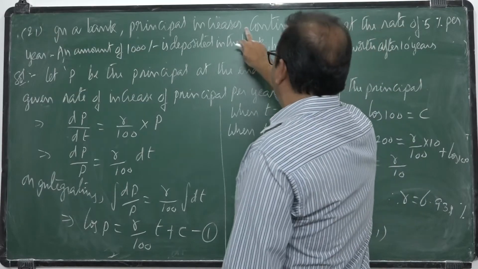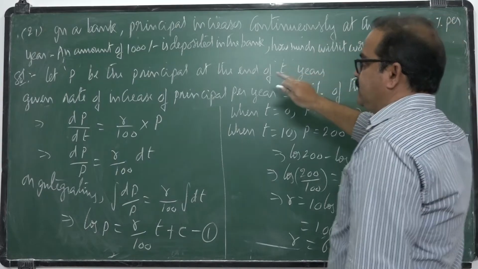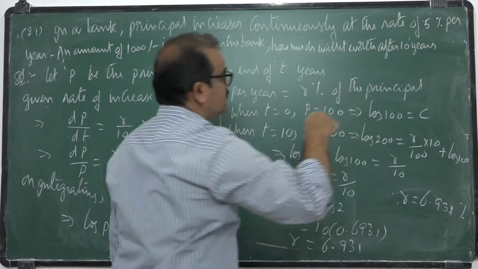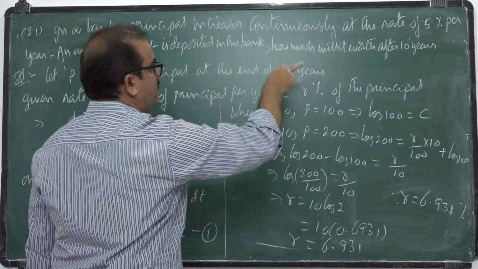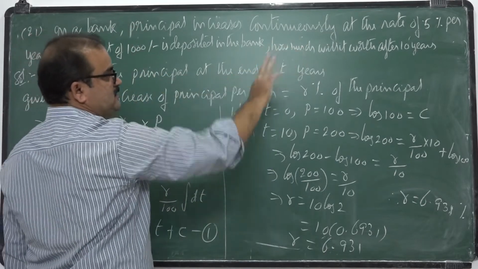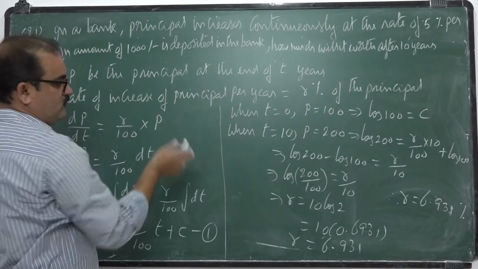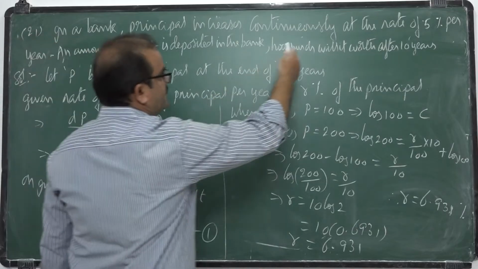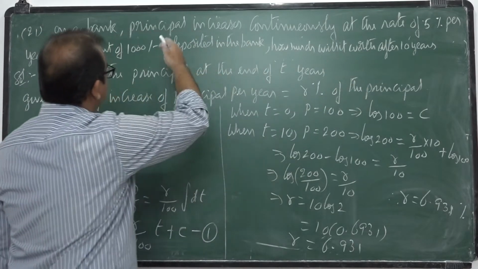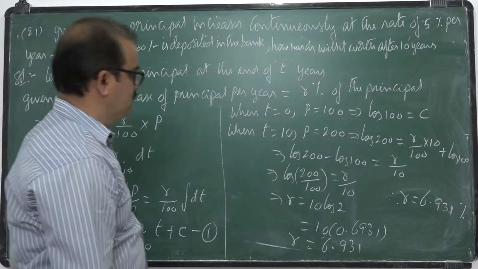In a bank, principal increases continuously at the rate of 5% per year. In a bank, principal value increases at how much rate? 5% per year. Rate of interest is 5%. Initially, 1000 rupees is deposited in the bank. After 10 years, what is the amount in that bank? We find it.